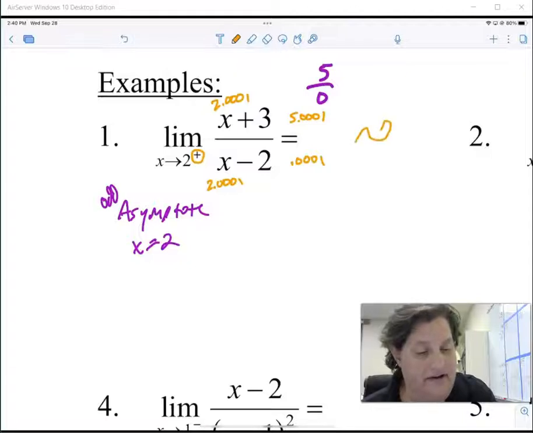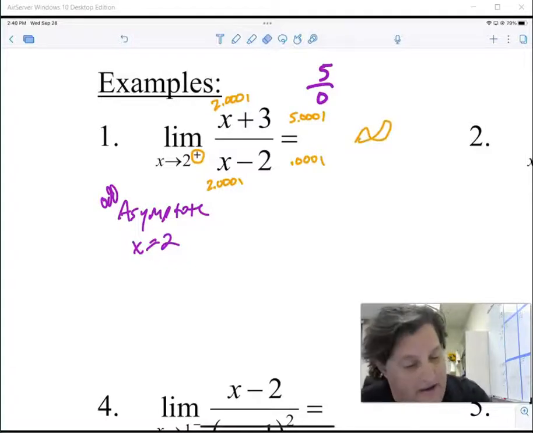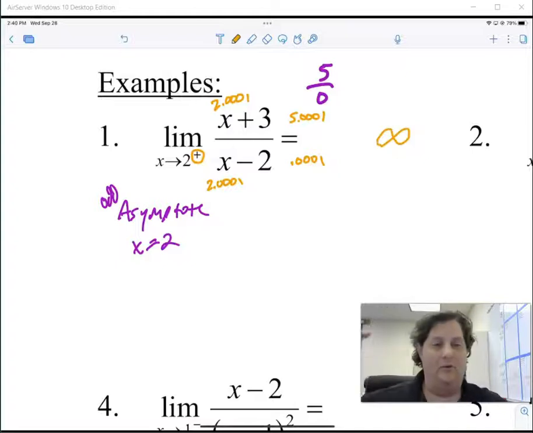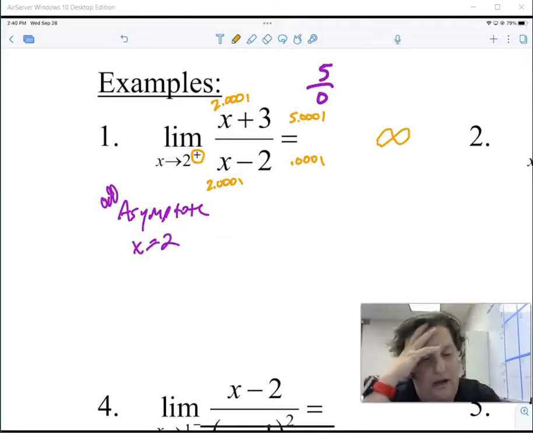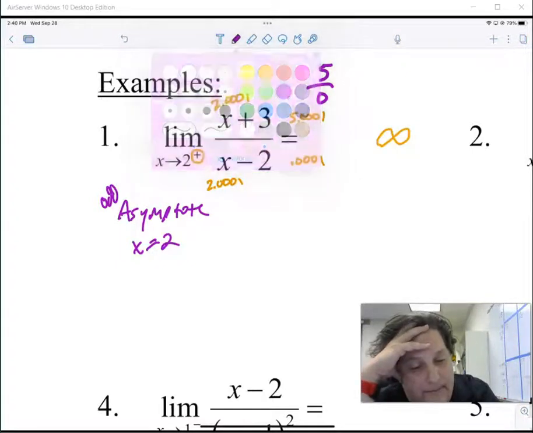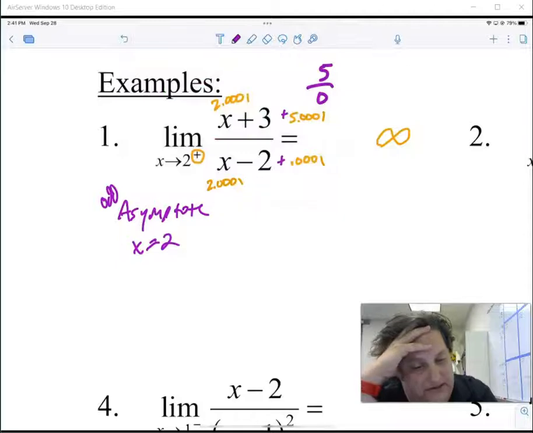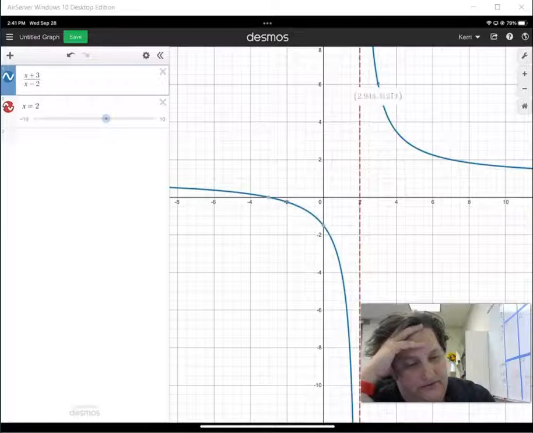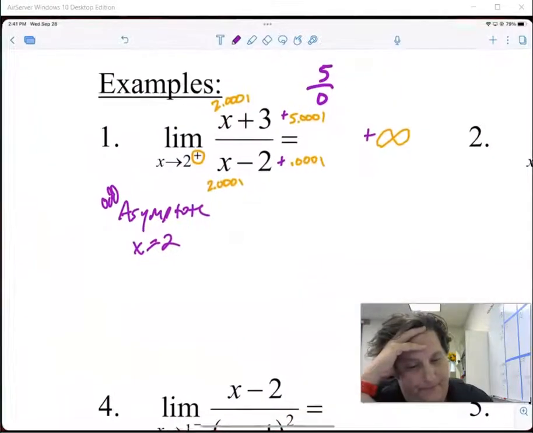This is going to infinity, but how do I tell if it's positive or negative? How do I tell which way the asymptote is going? Well, right here, it's a positive number over a positive number, so it goes to positive infinity. So as I approach 2 from the right, it's going to positive infinity. And I can tell by just checking my signs, okay?